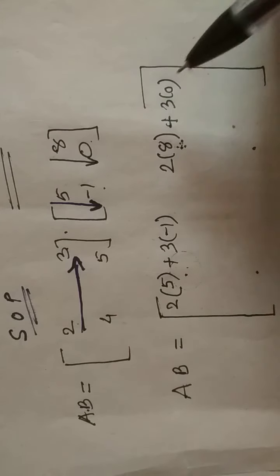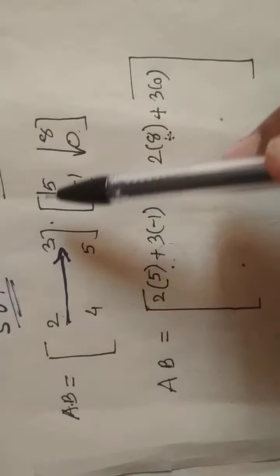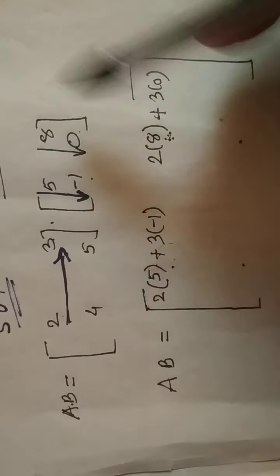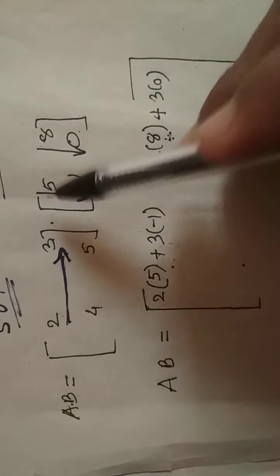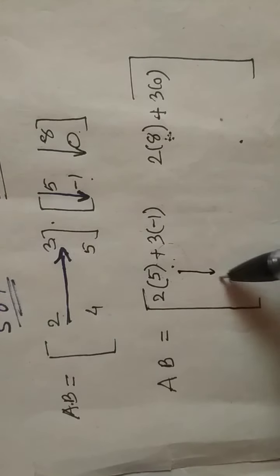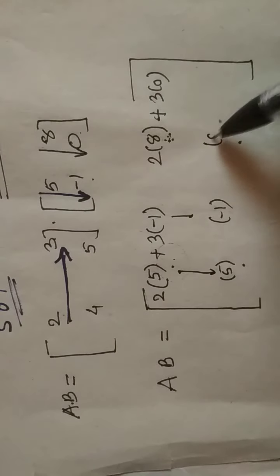Now we need to get back to the row and column procedure once again with the second row of the first matrix. So what is the procedure? Columns remain the same, so we will repeat these column elements: 5, minus 1, 8, 0.